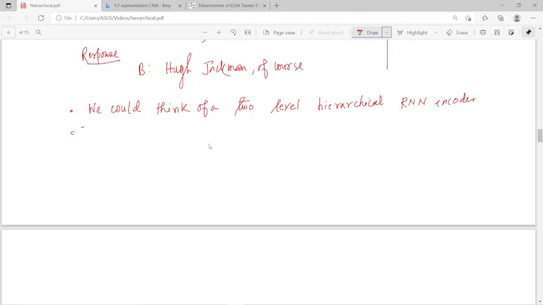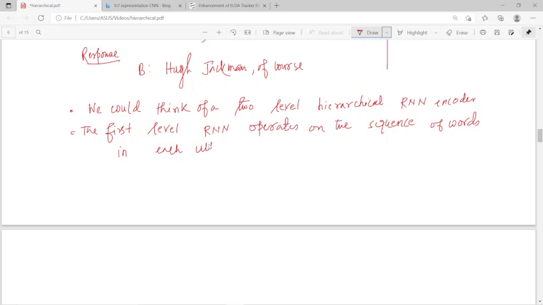And the thing is that the first level RNN operates on the sequence of words in each utterance, and that will give us a representation.